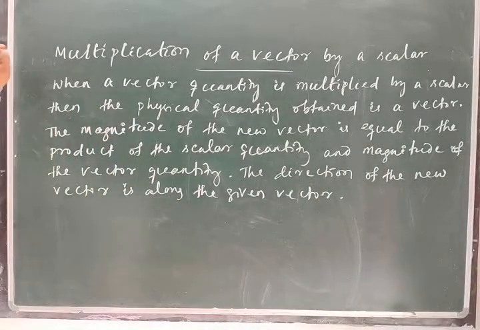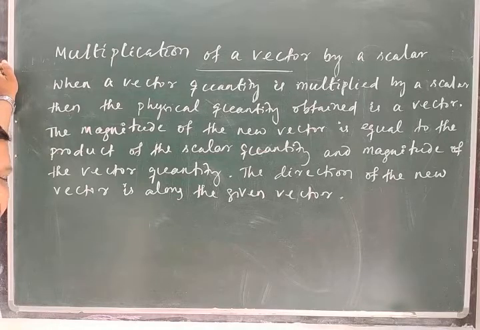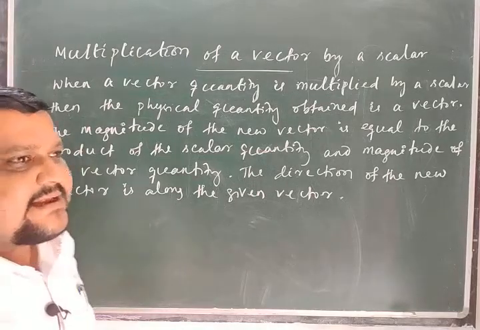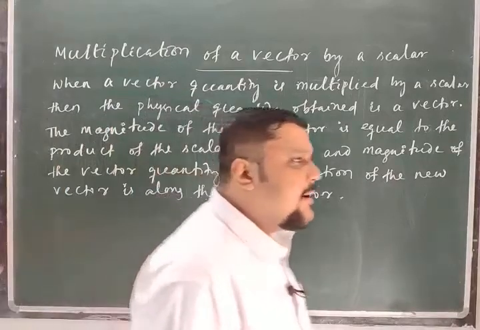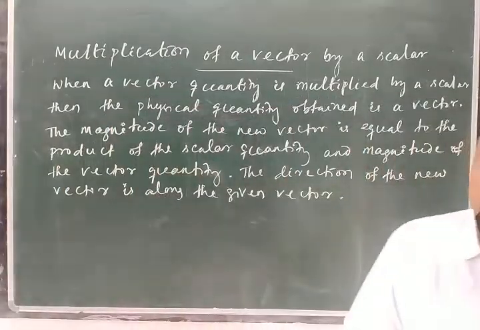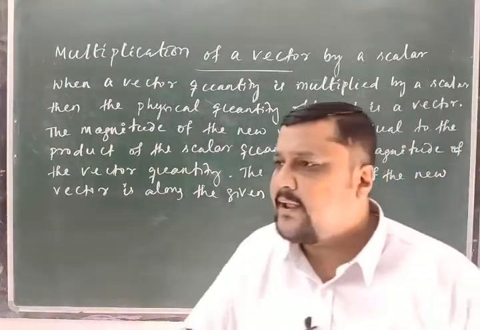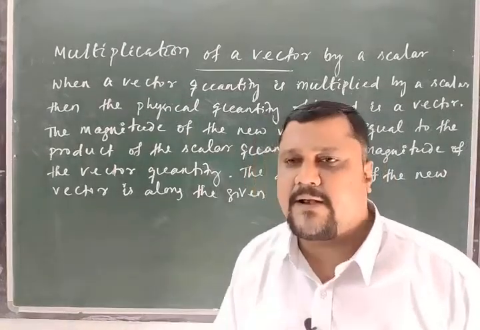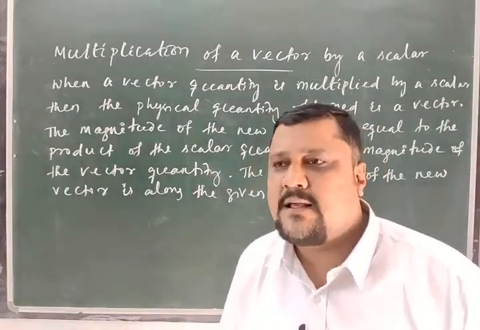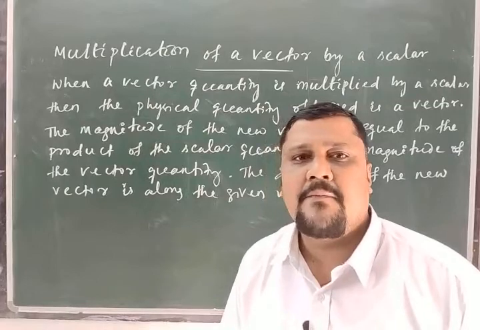It means if I multiply a scalar with a vector, I will get a new vector whose magnitude is equal to the product of the scalar quantity and the magnitude of that vector, and its direction is along the given vector.